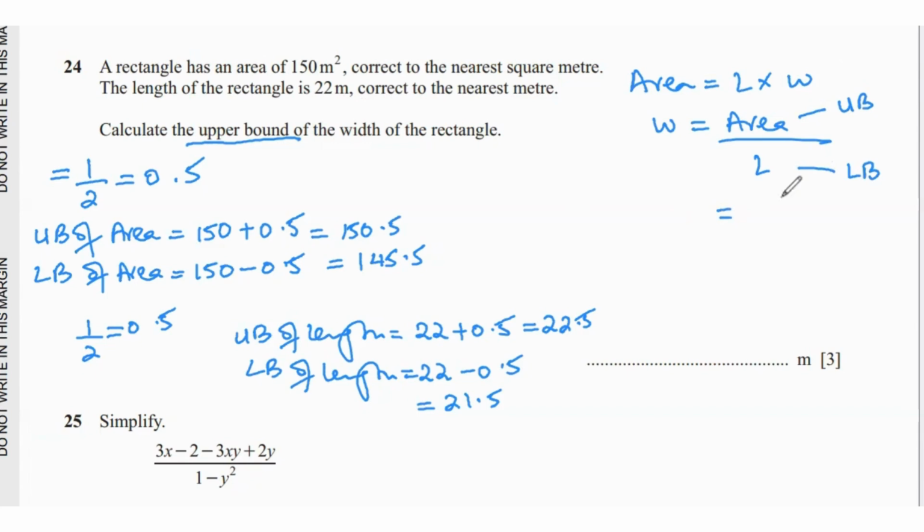So upper bound of the area is 150.5 and lower bound of the length is 21.5. So if we divide this, what we get is 7.23 meters, sorry. That is your upper bound of the width.